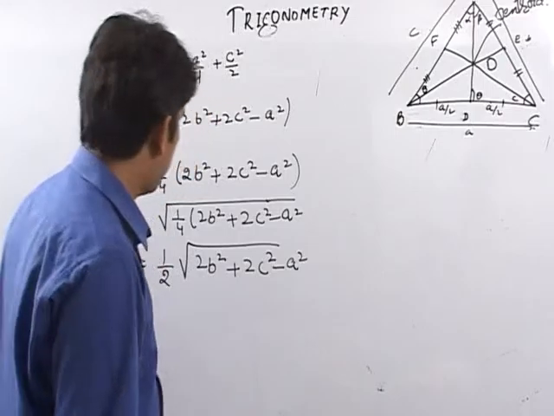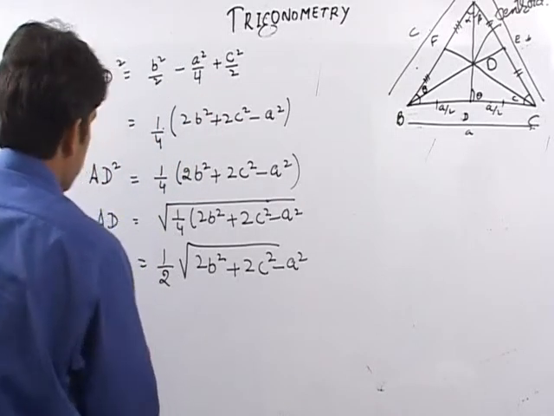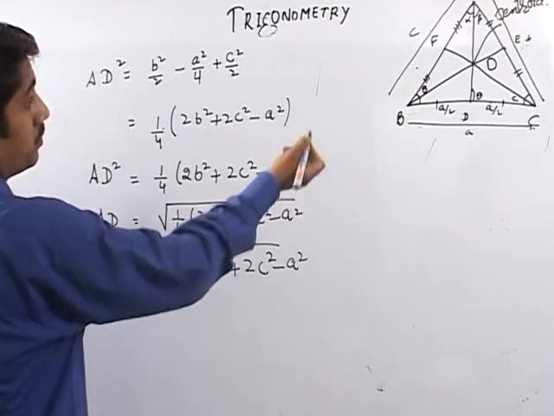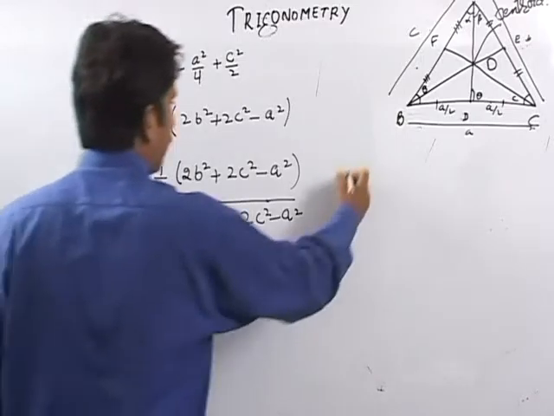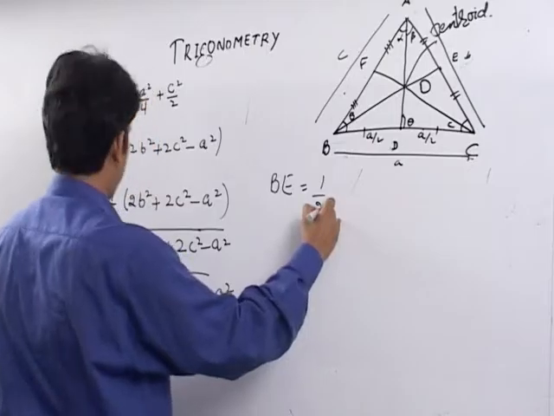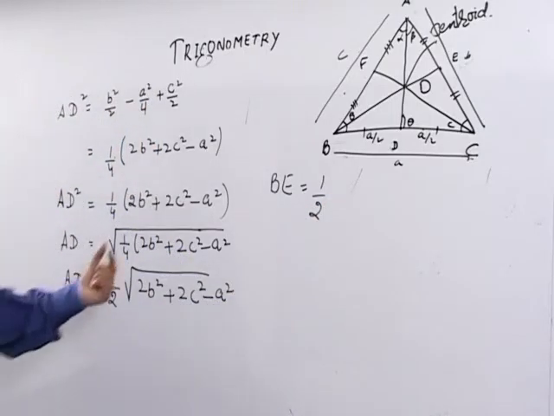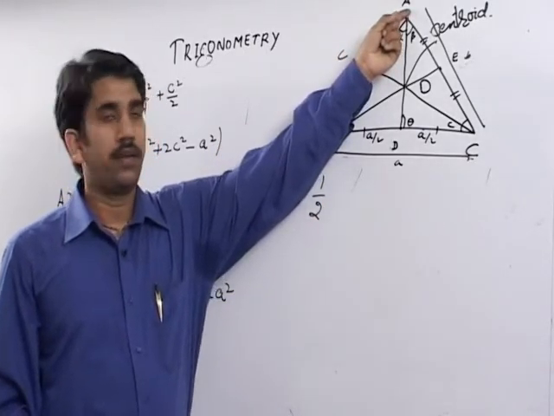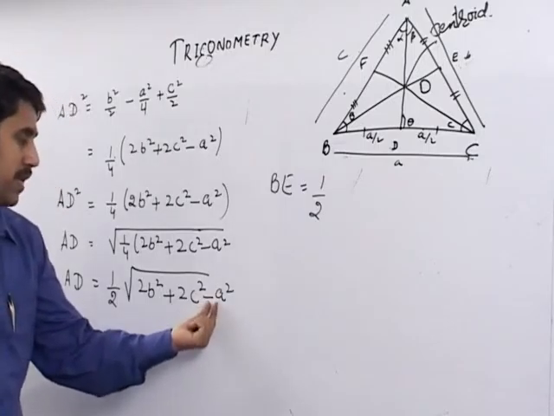In a similar pattern, you can find out the length of BE. So the length of BE will be equal to 1 by 2. Since here angular point is A, that's why we take minus A square.